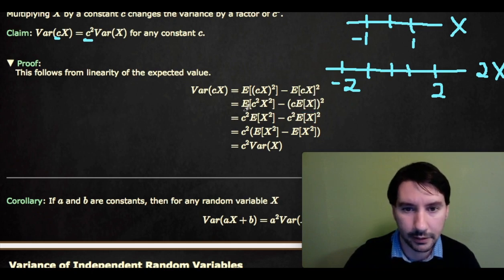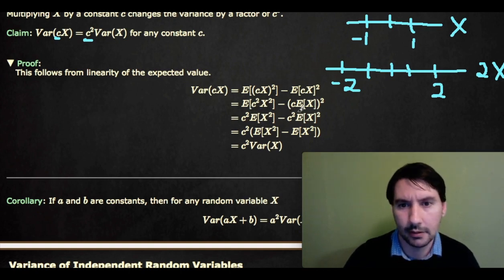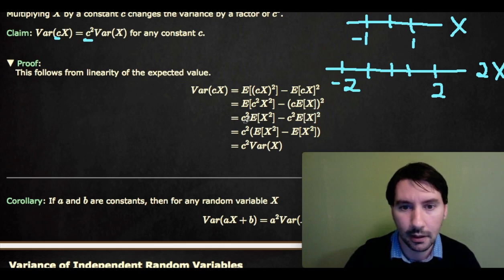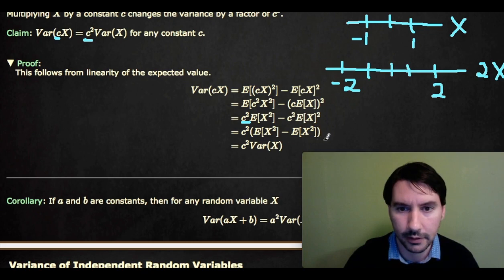Then we use linearity on the left, so pull the c squared out, c squared E of x squared, and square the right hand side. So (c E of x) squared is c squared (E of x) squared. Now the c squared is a coefficient of both terms, so it can be pulled out. So it's c squared times E of x squared minus the quantity E of x squared.